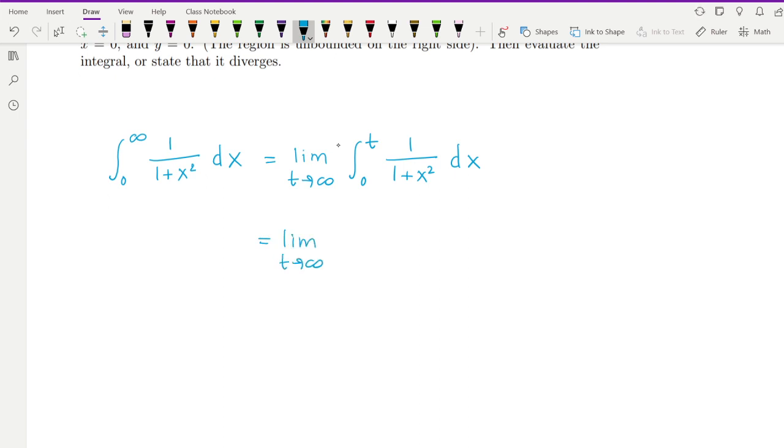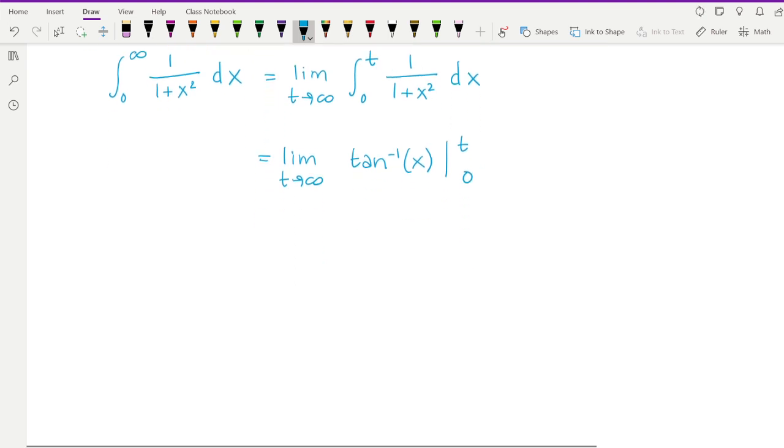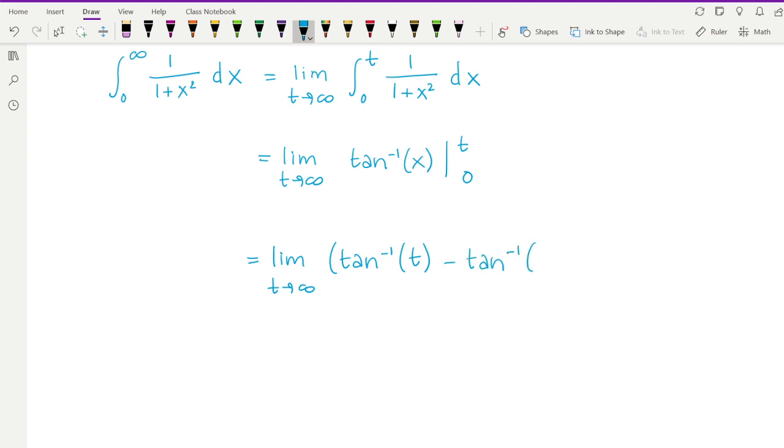So we have the limit as t approaches infinity of inverse tangent of x, and then we're evaluating that at t and at 0. So that's the limit as t approaches infinity of inverse tangent of t minus inverse tangent of 0.